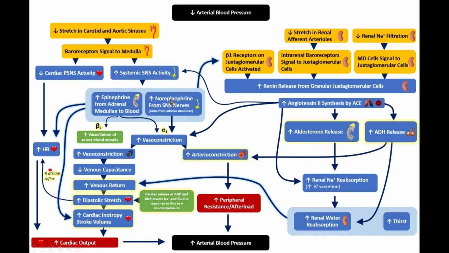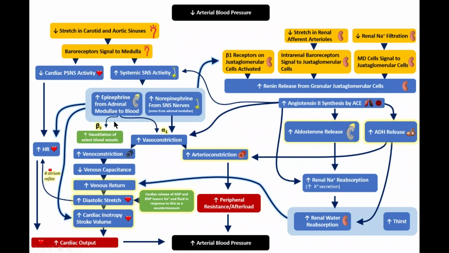Some of it is from the adrenal medulla functioning as a hormone. Epinephrine is only from the adrenal medulla, so it's strictly a hormone. And the reminder here is the kidney with the adrenal gland on top of that.